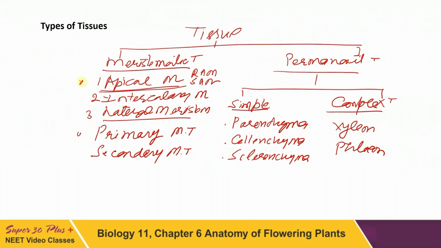The second criterion is that meristematic tissue may be primary or secondary. Permanent tissue may be simple or complex. Simple: parenchyma, collenchyma, sclerenchyma. Complex: xylem and phloem. You have to remember all this now.